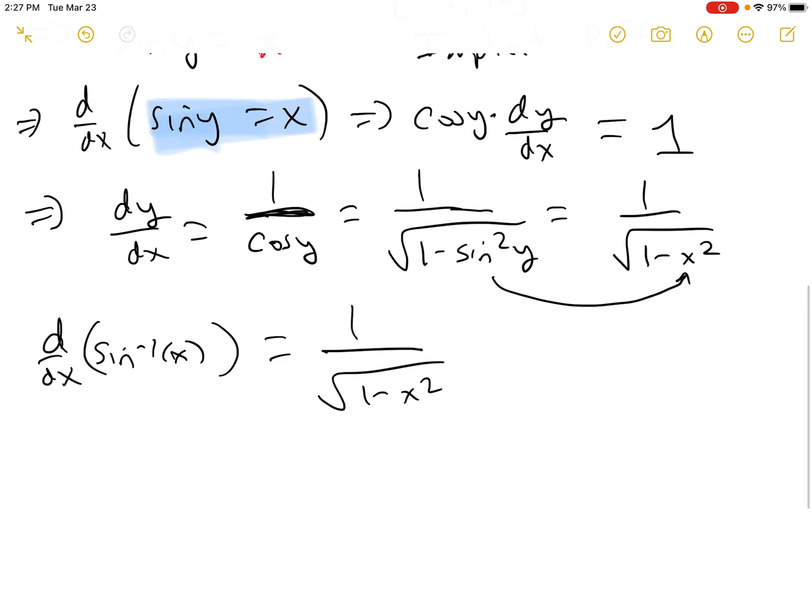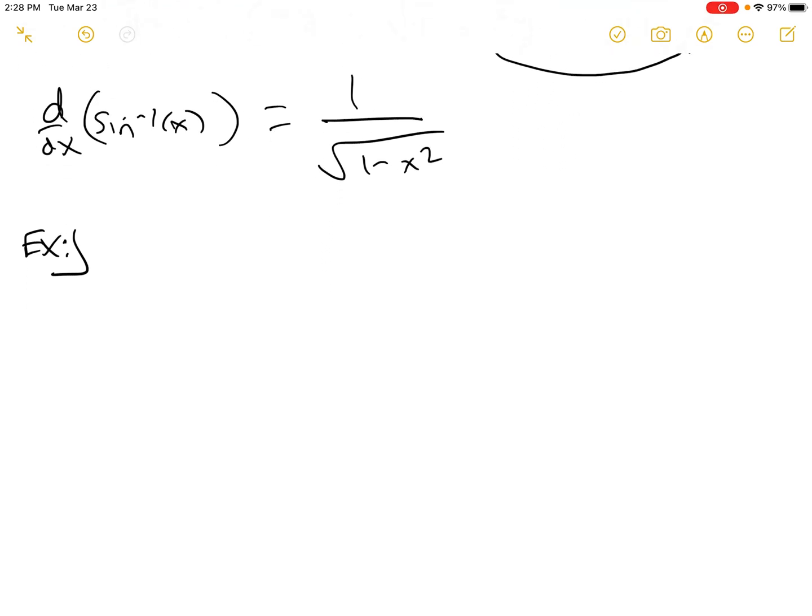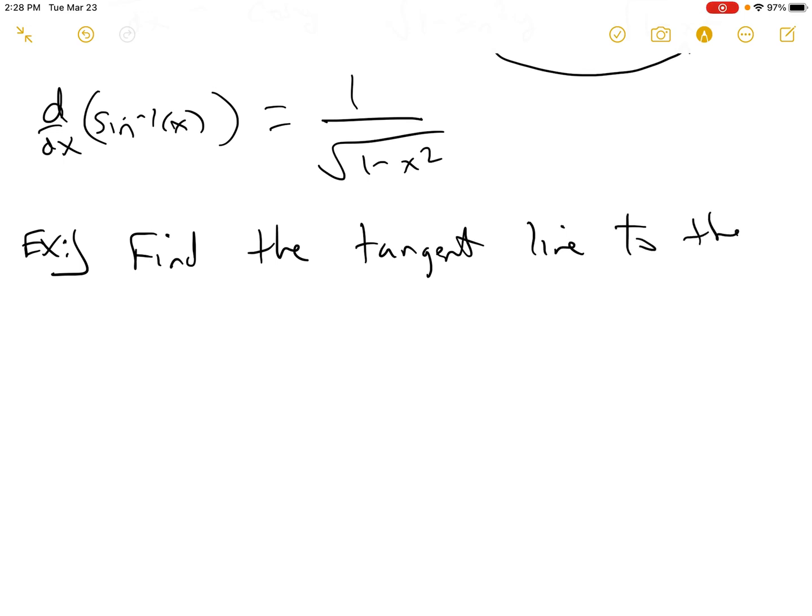So let's do an example using this found definition. We want to find the tangent line to the curve y equals sine inverse of 2x at the point x equals 1/4.